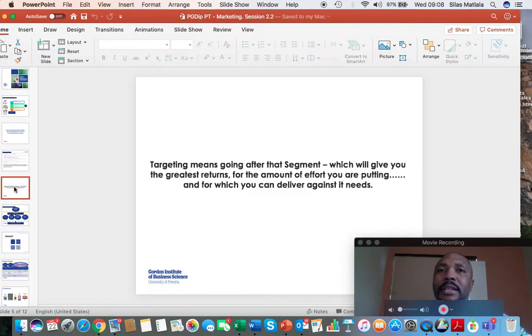In the previous session, I illustrated an example of the banking segmentation where we had affluence on the left and the value to the bank on the horizontal axis. You may choose to target all of them, or you may choose to say, I am going to prioritize the affluent section.